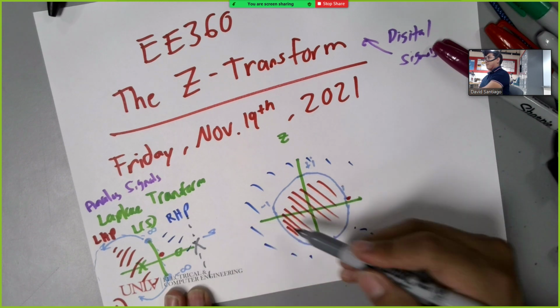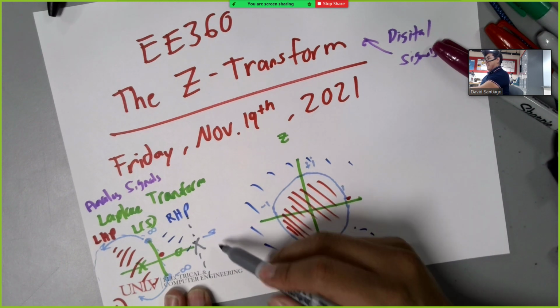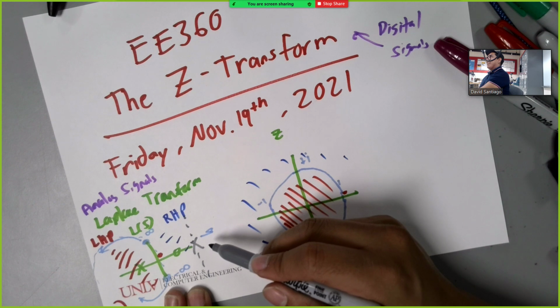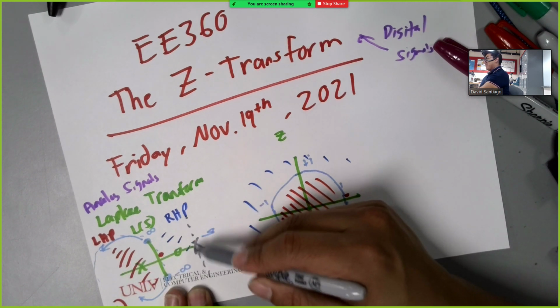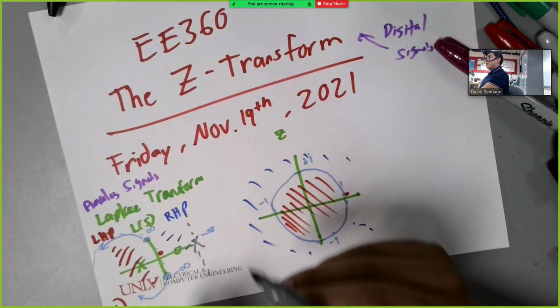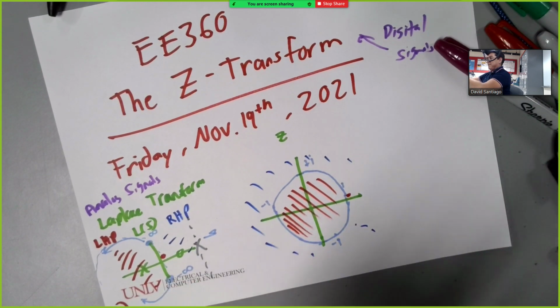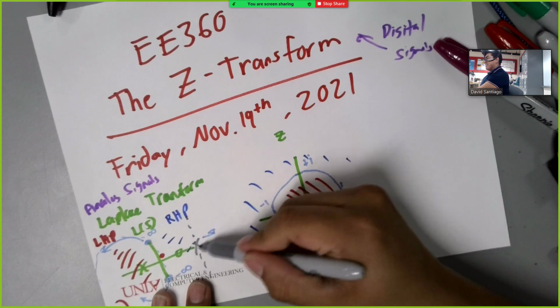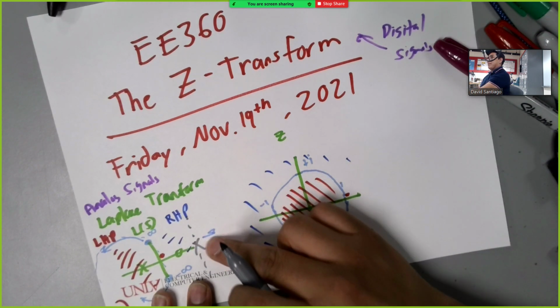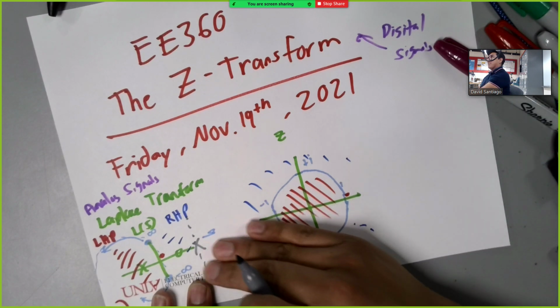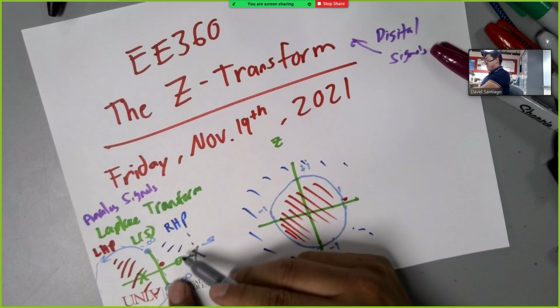If we were to make it a right-sided function, it's going to be unstable, right? So this system, if we wanted a right-sided function, is unstable. Having a pole on the right-hand side of the Laplace domain is going to make it unstable, okay? So it's in this blue area, right?